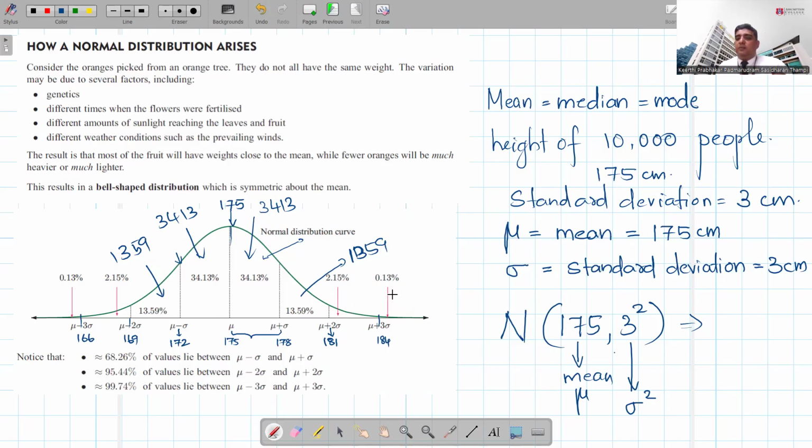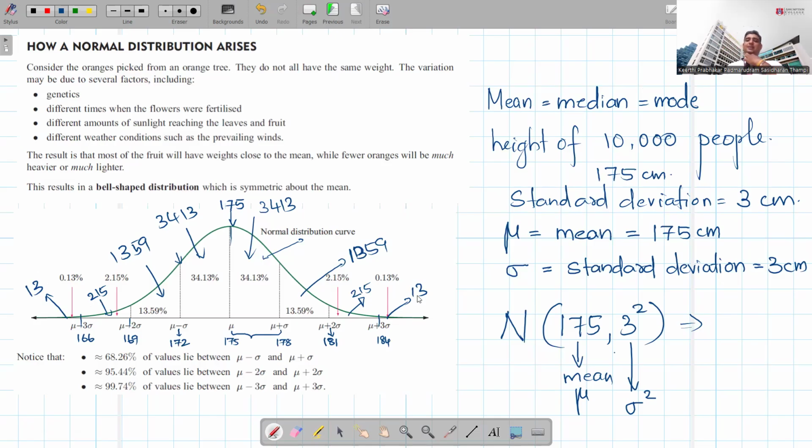So this, 215 people are here. Again, 215 people are here. And below 166 is maybe 13 people. And above 184 centimeters is also.